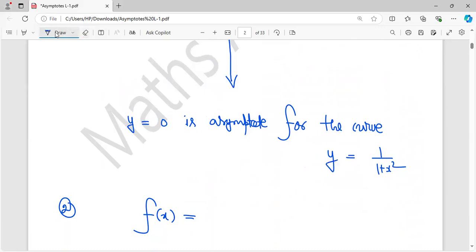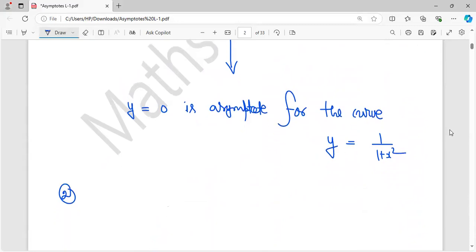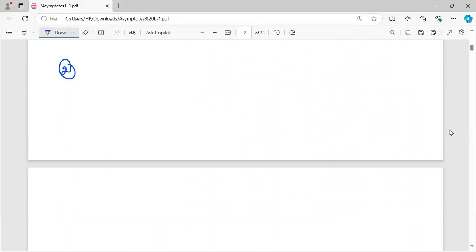Now another example, I'm taking this one: y is equal to 1 upon x. Okay. Then what is its graph? I'm taking x greater than 0.